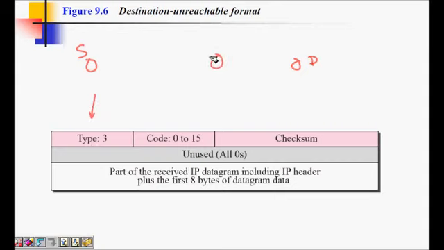If a router comes to know that, it will send you an ICMP packet, and in that it will set the type to 3, from which you understand this is destination unreachable. Code is a 4-bit number, so it can be 0 to 15. It tells whether it was sent from the destination itself or from some intermediate routers. They will have different codes.